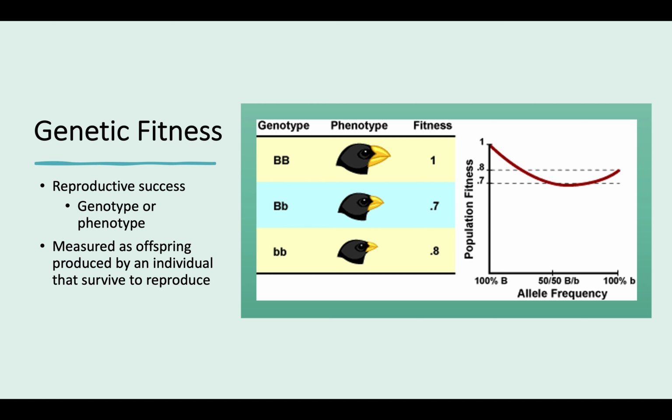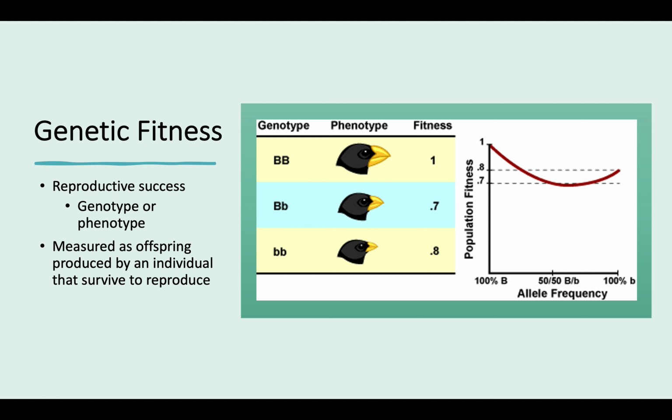Genetic fitness is actually measured as the number of offspring produced by an individual that survive and reproduce. So basically, as these new offspring are able to reproduce and move these alleles down the evolutionary line, the genetic fitness of the original parents is determined.